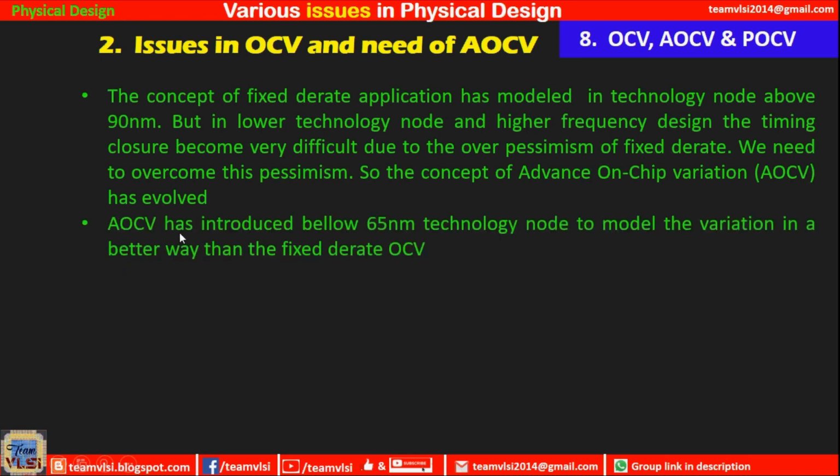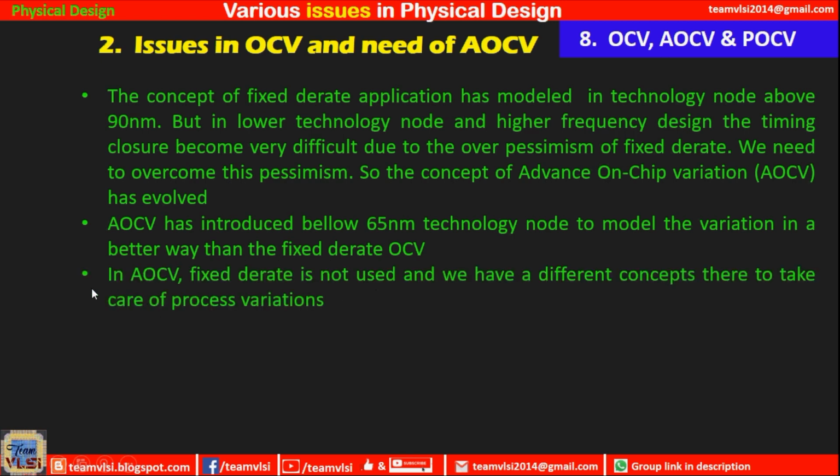AOCV was introduced below the 65 nanometer technology node to model the variation in a better way than the fixed derate OCV. In AOCV, fixed derate is not used, and we have a different concept there to take care of process variation.